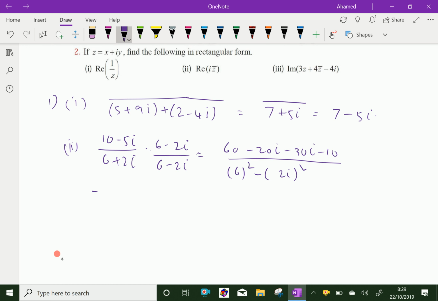Here by simplifying the numerator, the real terms are 60 minus 10 is 50, and imaginary part is minus 20i minus 30i, that is minus 50i, over 6 6s are 36 plus 4, 50 minus 50i by 40.